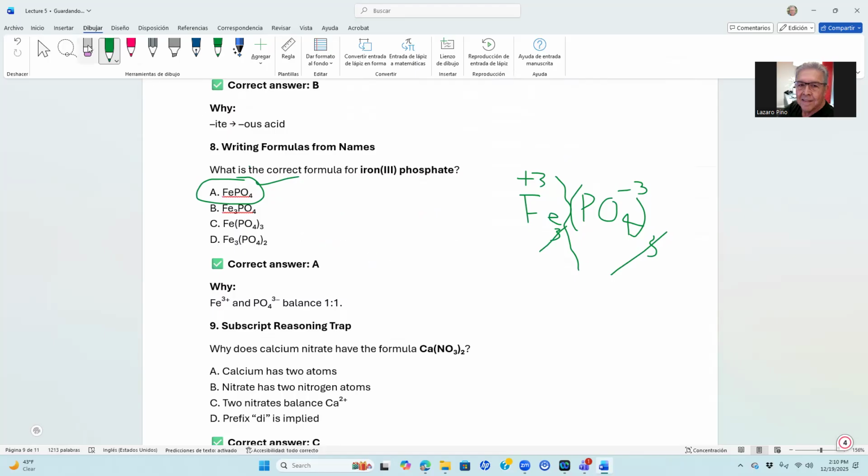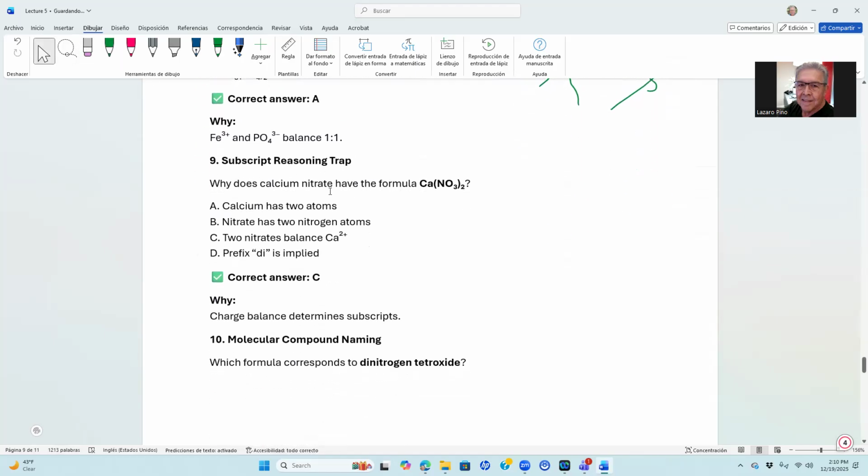Let's go to the following one. Okay, here you have, why does calcium nitrate have this formula? Because calcium has 2 atoms. No. Nitrate has nitrogen atoms. Yes, and what? 2 nitrates, valence calcium plus 2.